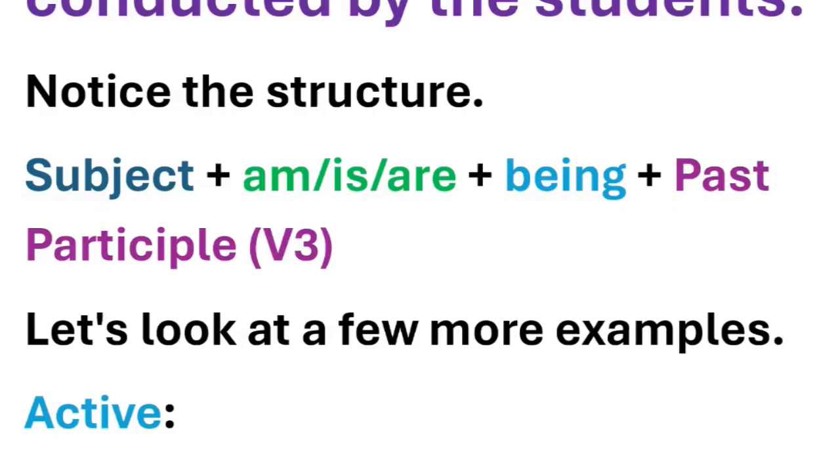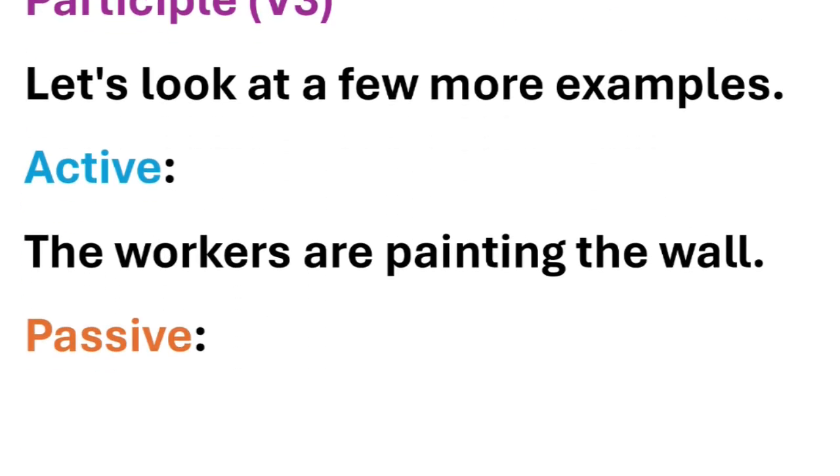Now let's look at a few more examples to understand. We'll see a sentence in active and then the passive one of it. So in the active, there's a sentence, the workers are painting the wall. Now in this we have to find which one is the object, which is the wall. This is the object of active.